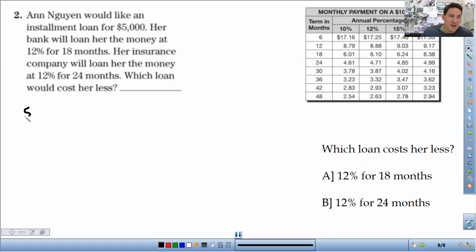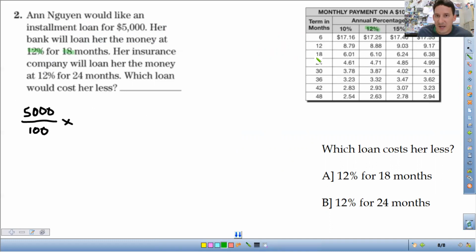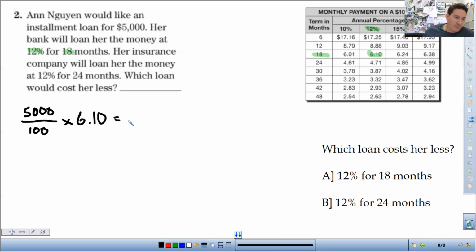So I'm going to take my amount financed, divide it by 100, and then I'm going to multiply. I'm going to find 12% for 18 months. So 12%, 18 months, it's 610. You multiply those, so 5,000 divided by 100 times 610 comes out to 305.